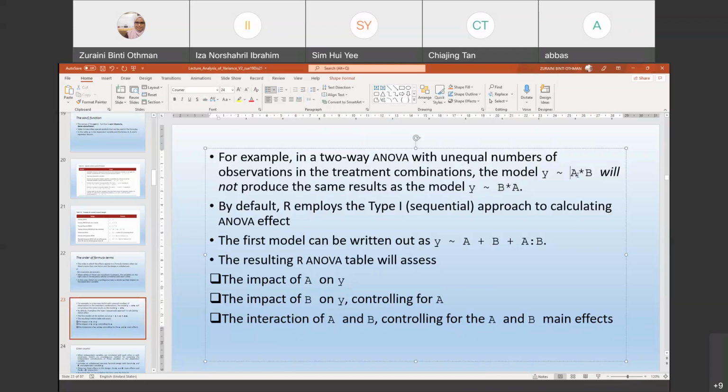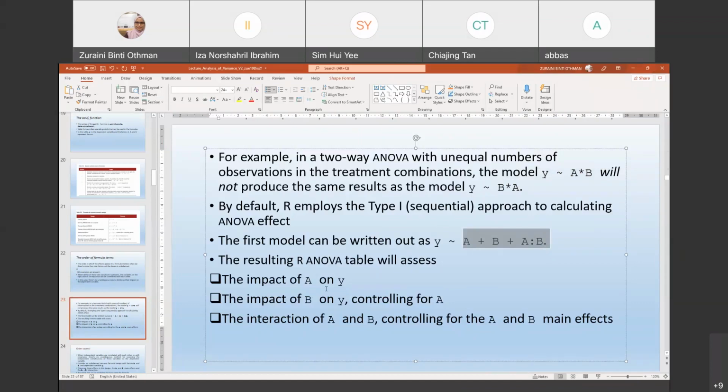It's different: A times B and B times A are totally different. By default, R employs the type 1 sequential approach, which is this, to calculate Anova effects.